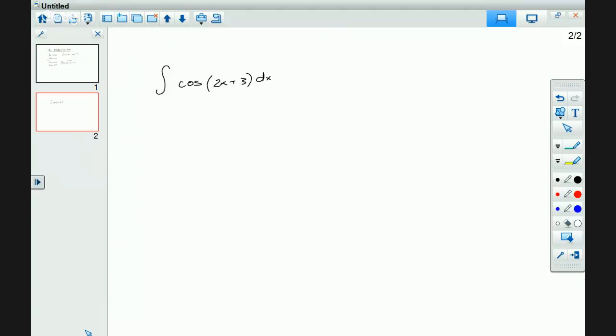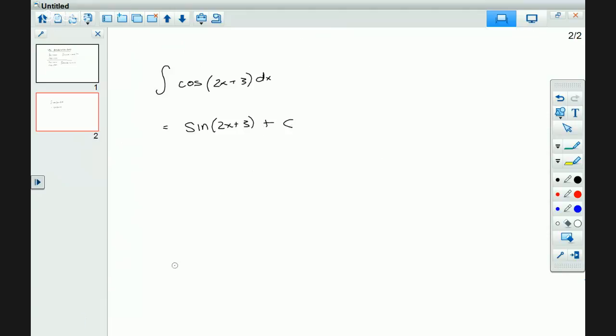Is it like the reverse chain rule? Yeah, that's exactly what it is. So what's the antiderivative of cosine? Okay, so we have sine.